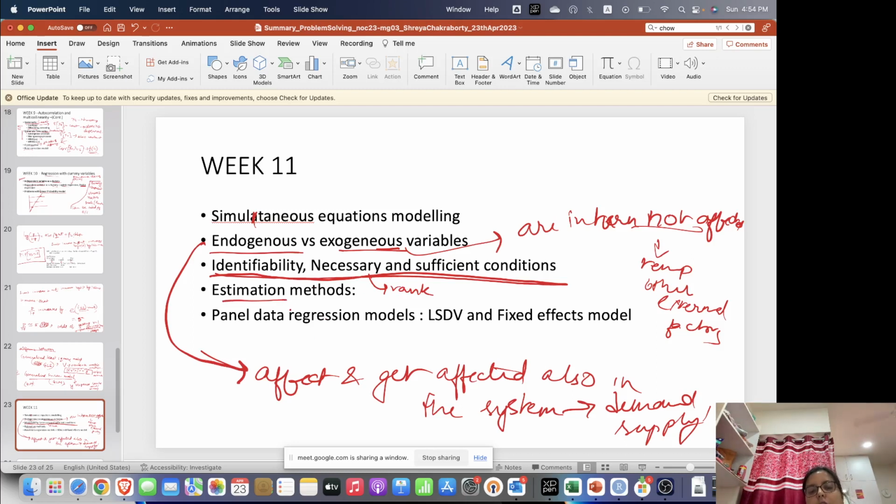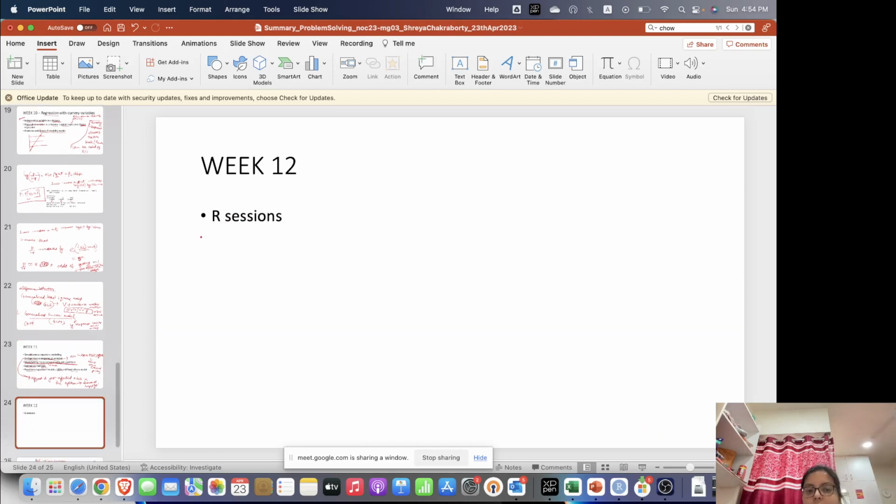Then we learned about estimation methods like 2SLS, and then panel data regression models, where we could use dummy variables or fixed effects modeling. Week 12 was based on the R sessions, a hands-on session.